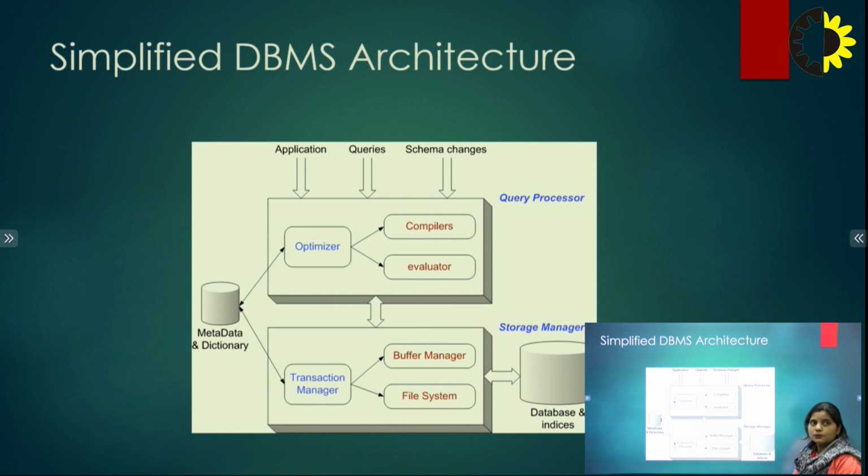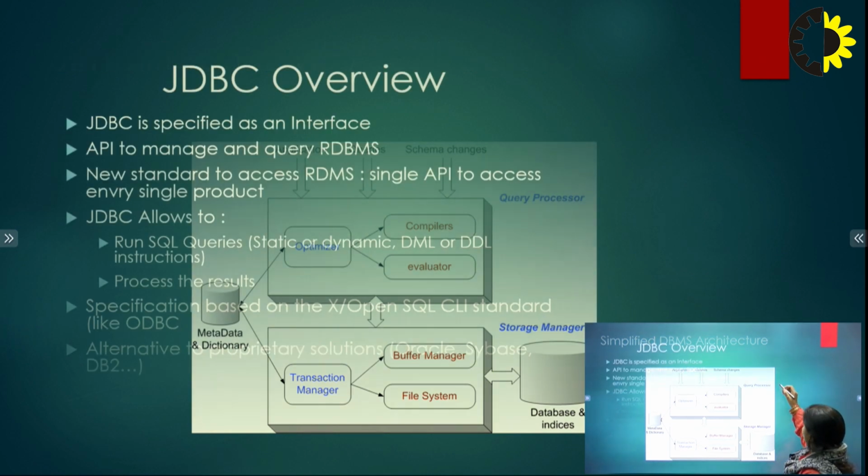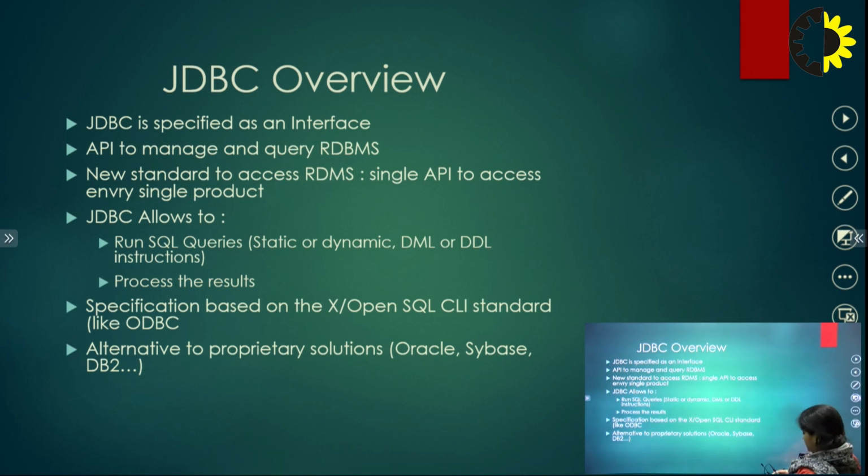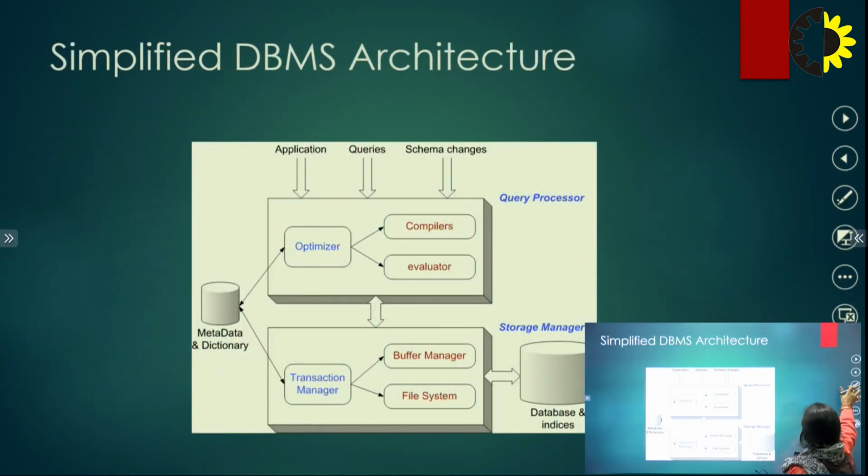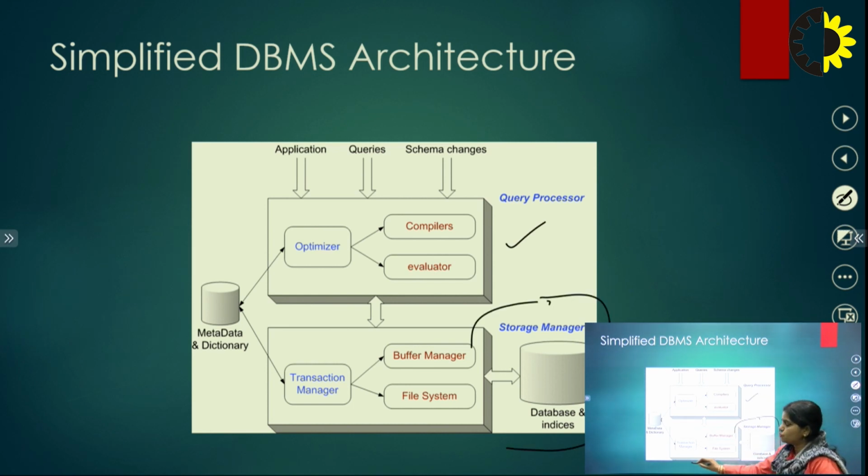the primary concern to be shown here, so that things will be more clear and familiar to you all. So, here this is the query processor, and this is the storage manager. Okay, this part is the storage manager and this is the query processor part.